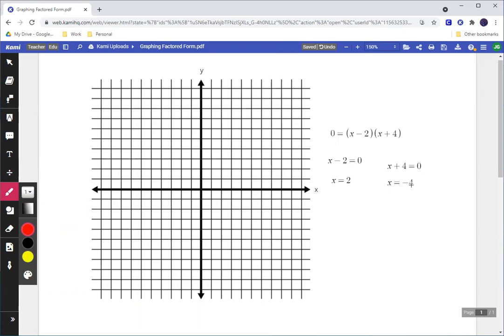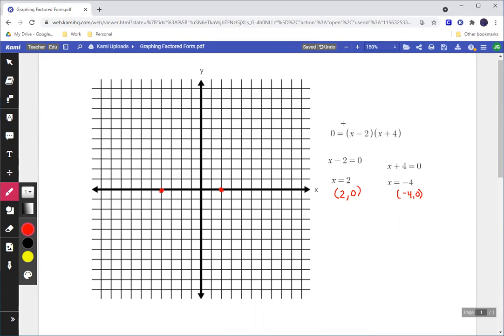Since these are the x-coordinates that would give us a y of 0, that leads to two points, (2, 0) and (-4, 0). And these are our x-intercepts.